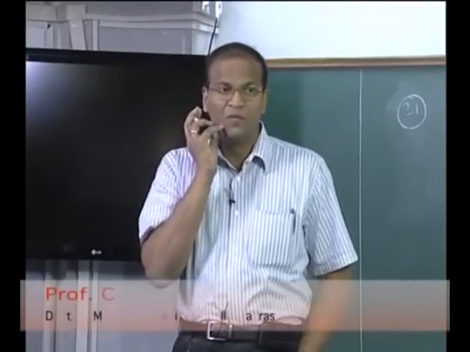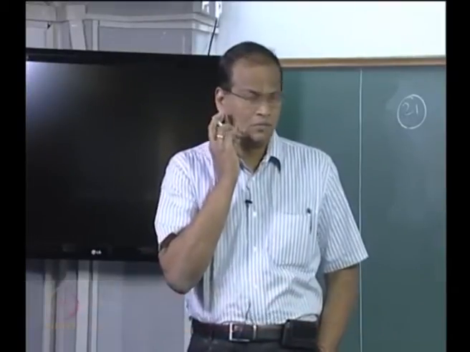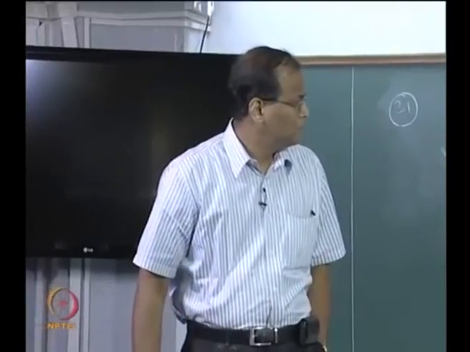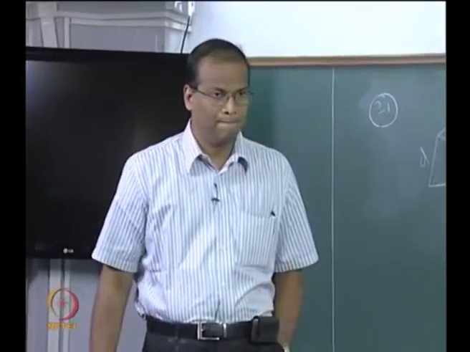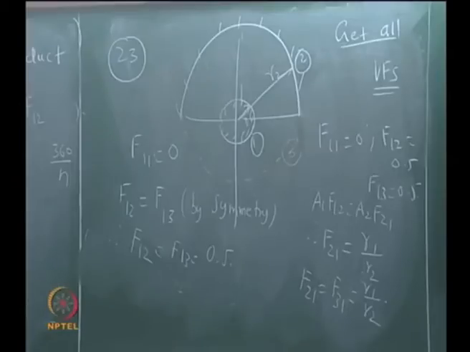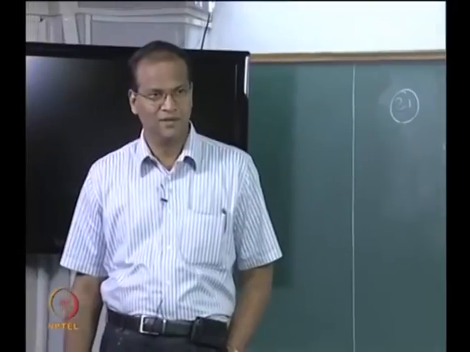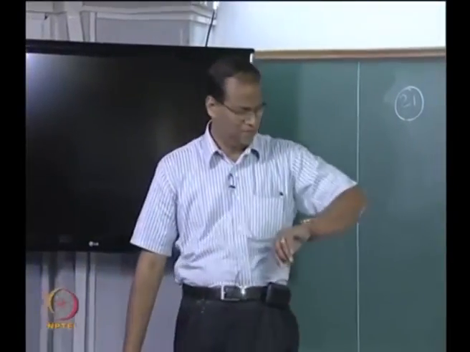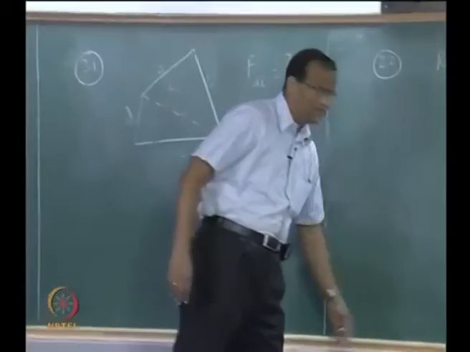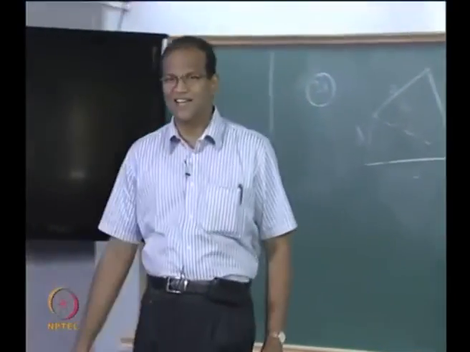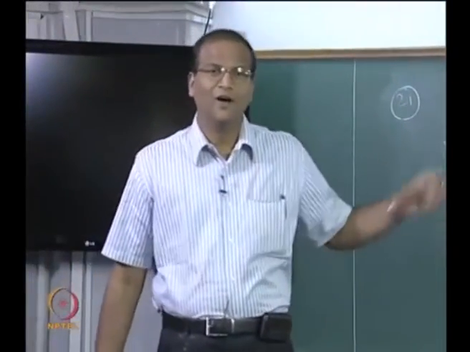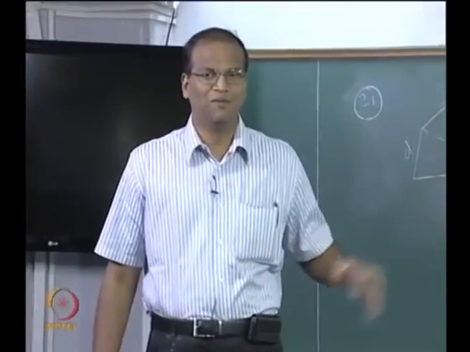What is F22? What about F23? Okay, I think everybody is stuck or what? Obviously, this problem can be solved, isn't it? It's a simple problem. Why are you getting stuck?